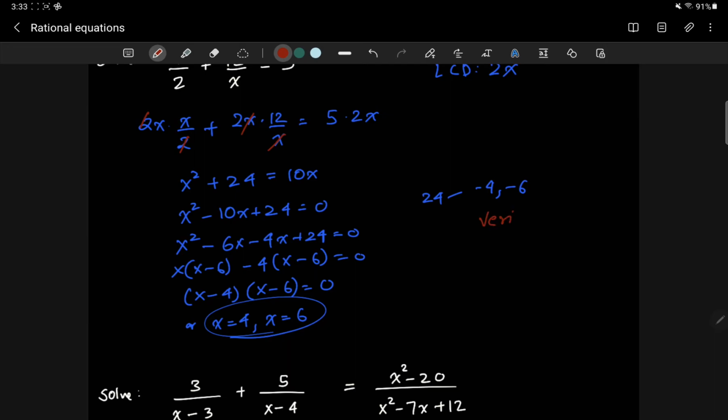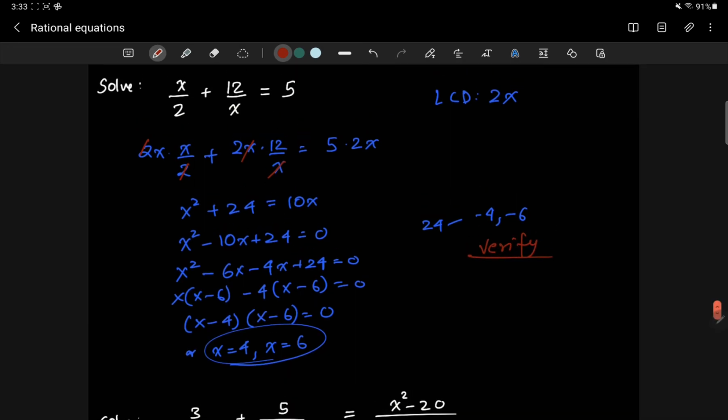But again, do not forget to verify. 4 over 2 plus 12 over 4 is 2 plus 3, which is 5. And 6 over 2 plus 12 over 6 is 3 plus 2, which is also 5. Therefore, both of these solutions make sense.